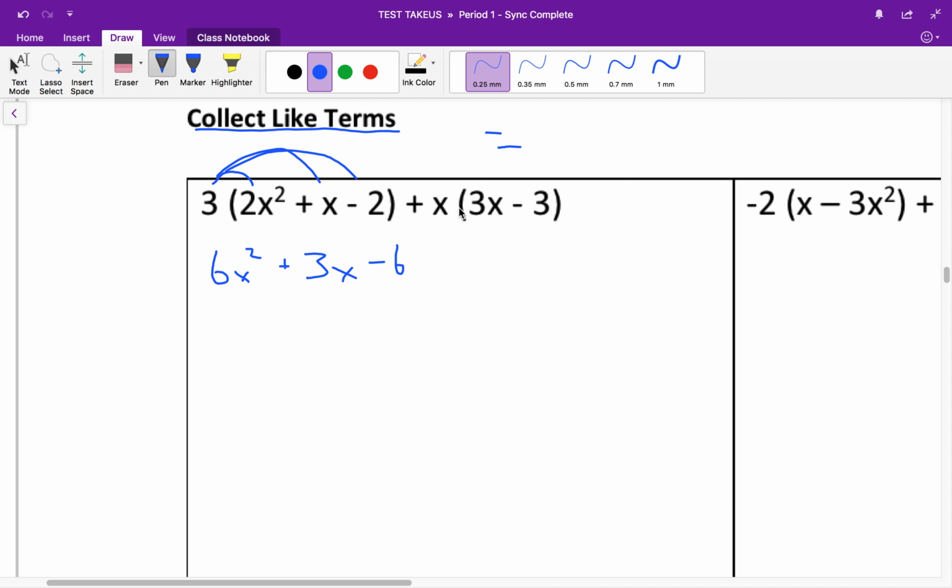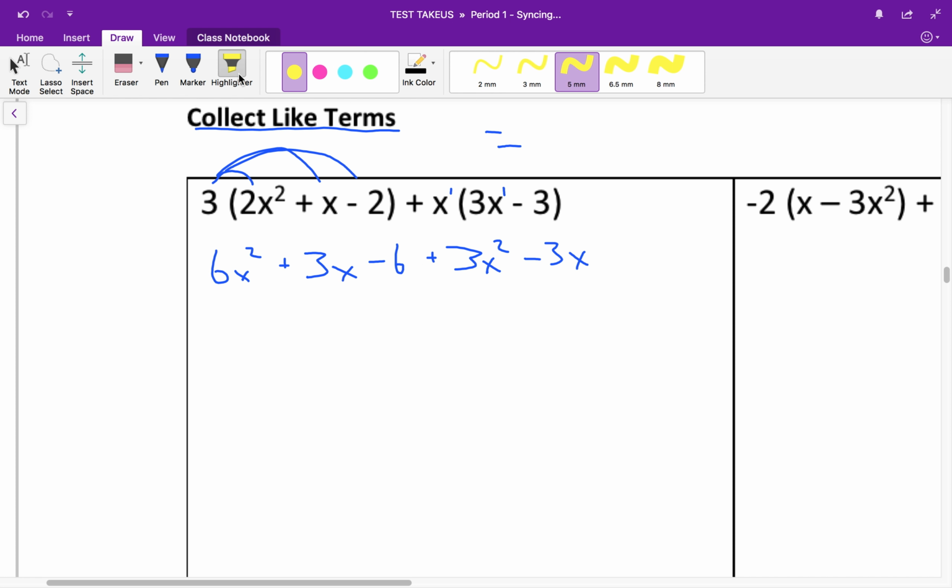Then we have an x out in front here. So x times 3x is going to be plus 3x squared. Remember, we're adding the exponents here. And x times negative 3 is going to be negative 3x. Now if we collect like terms here, let's highlight my x squareds. Make sure you get the plus or minus there.